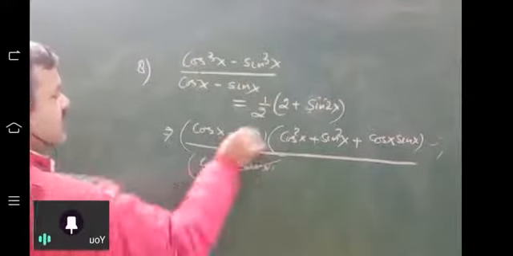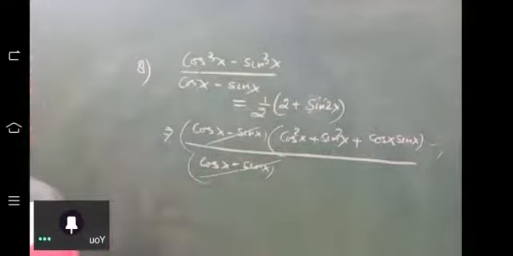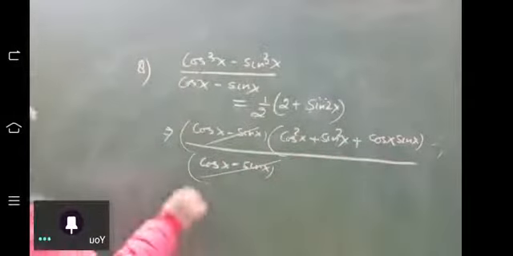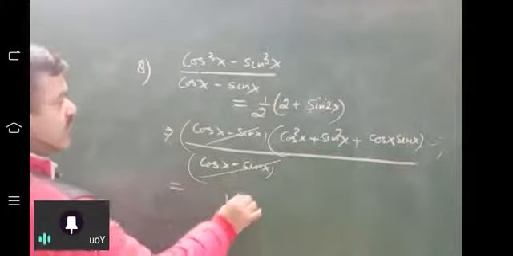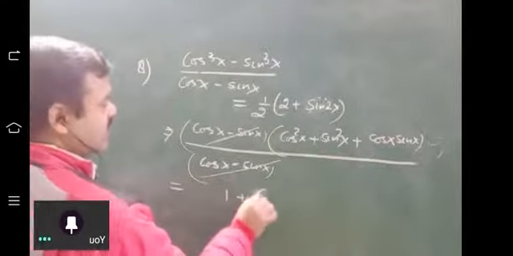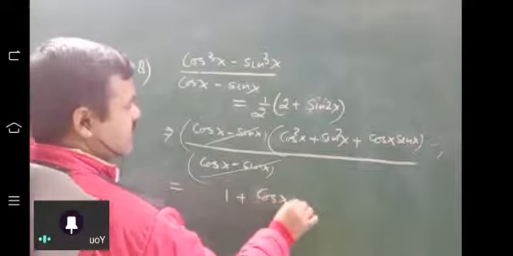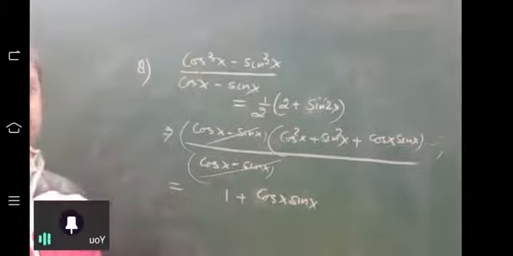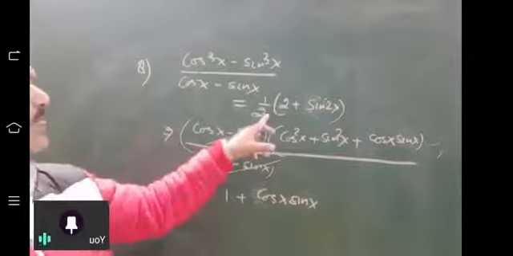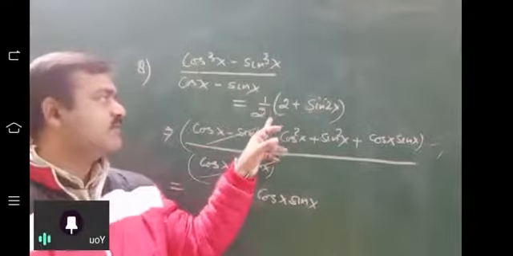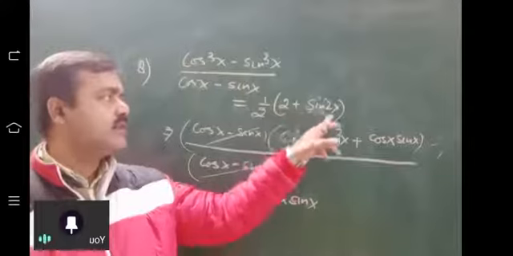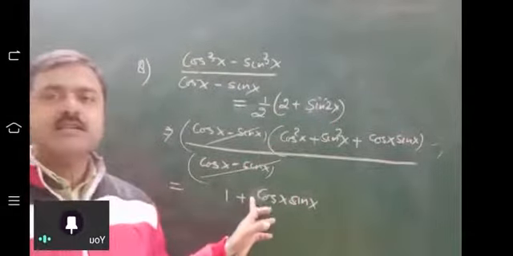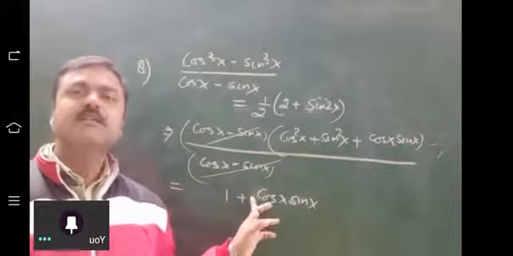Now this cancels out. Now you know cos²x + sin²x is 1. So it is equal to 1 plus cos x sin x. Now what is to be proved here? It is to prove 1/2 (2 + sin 2x). If here we have 2 cos x sin x, then that will be sin 2x.